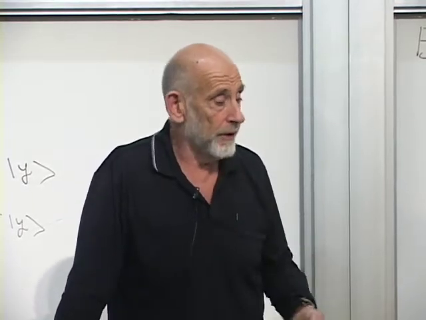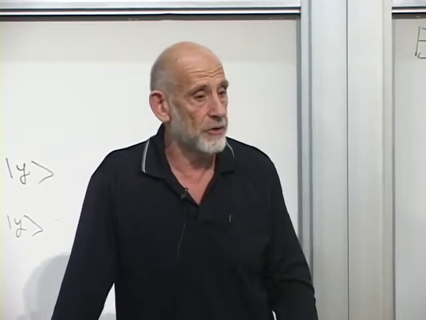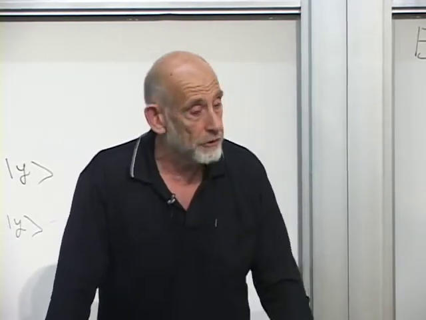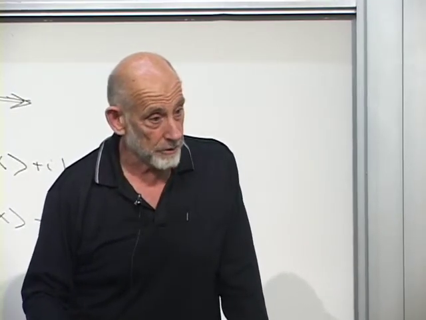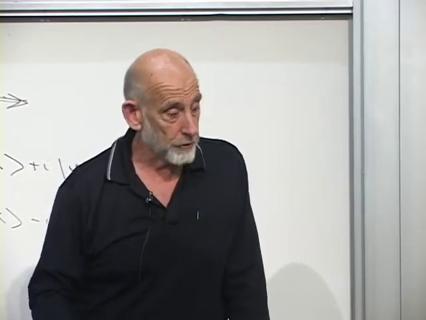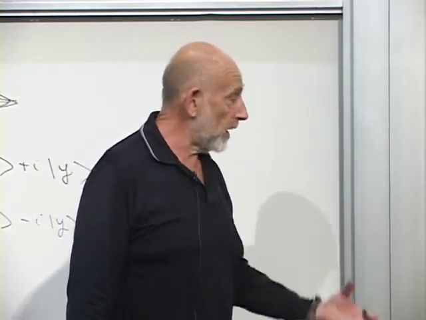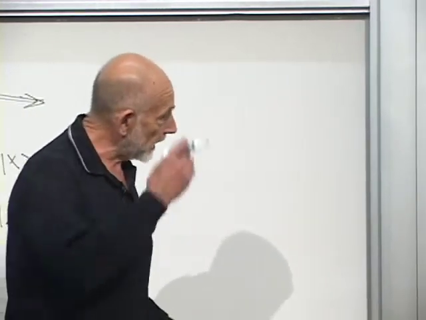It's a particle moving down the z-axis, but it's in the ground state of all of its oscillations. I wouldn't say it has no oscillations, because every harmonic oscillator has zero-point oscillations. Because of the uncertainty principle, there's some fluctuation. But every one of the oscillators is as quiet as it can be, consistent with quantum mechanics.